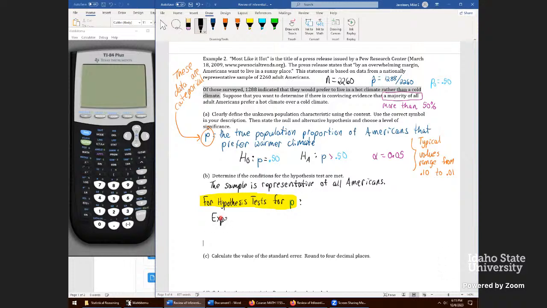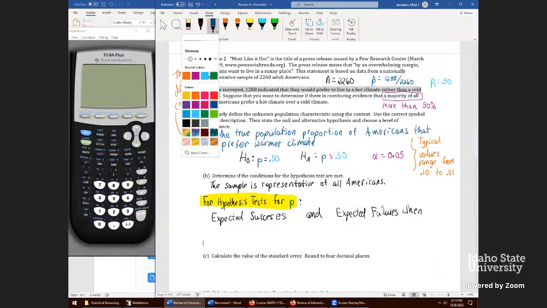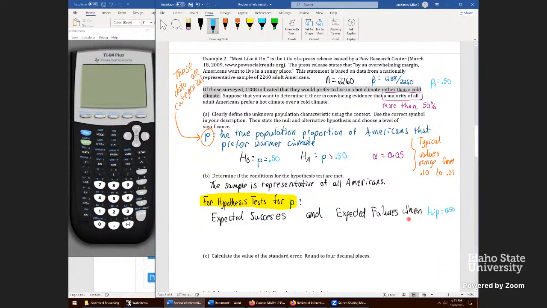Expected successes and expected failures when this thing, H naught, P equals 0.50 is true.